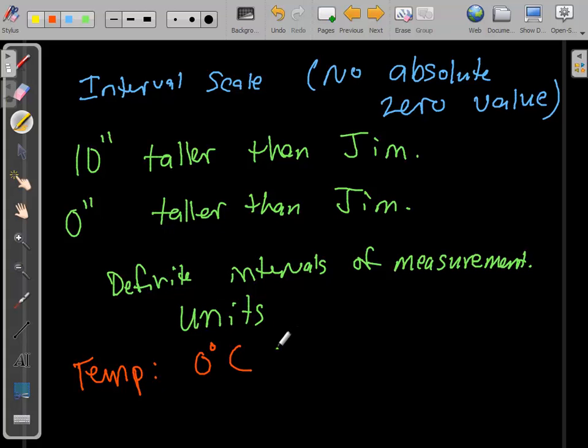So this does not equate to lack of temperature. In other words, you could still measure that temperature. In fact, you can have something with a negative temperature, right? And it doesn't mean that it doesn't have temperature, it just means that it's less than freezing, and so it's not an absolute 0 point. Okay, it's just a relative 0 point in terms of comparison. So I'm 2 degrees Celsius less than freezing.